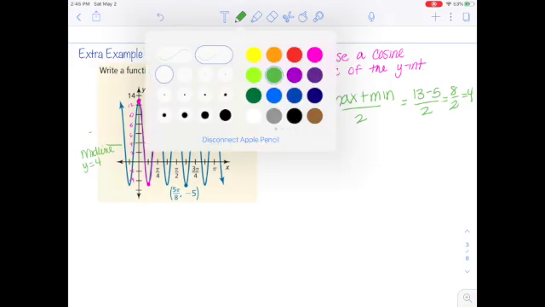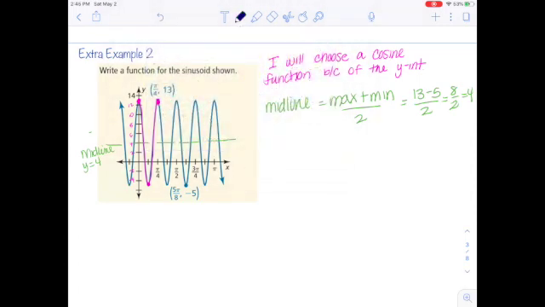All right, we can find our amplitude from there. So from 4, how far is it to get to 13? That's your amplitude. So amplitude is equal to 9.